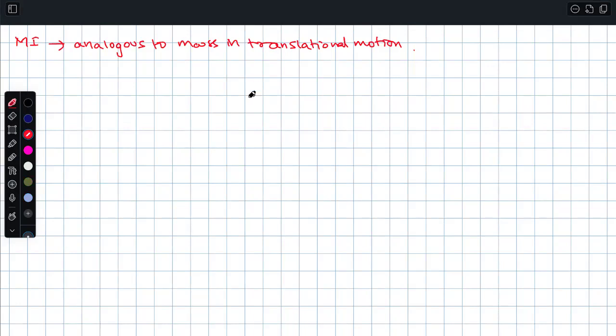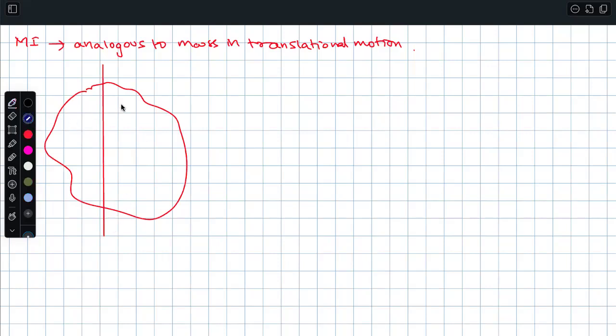Moment of inertia is analogous to mass in translational motion. So what exactly is moment of inertia? Now you take some rigid body. And remember, when I am defining moment of inertia, I need to define it with respect to some axis. I am assuming this is my axis, and these are different particles: M1, M2, M3, M4, M5, Mn, and so on.